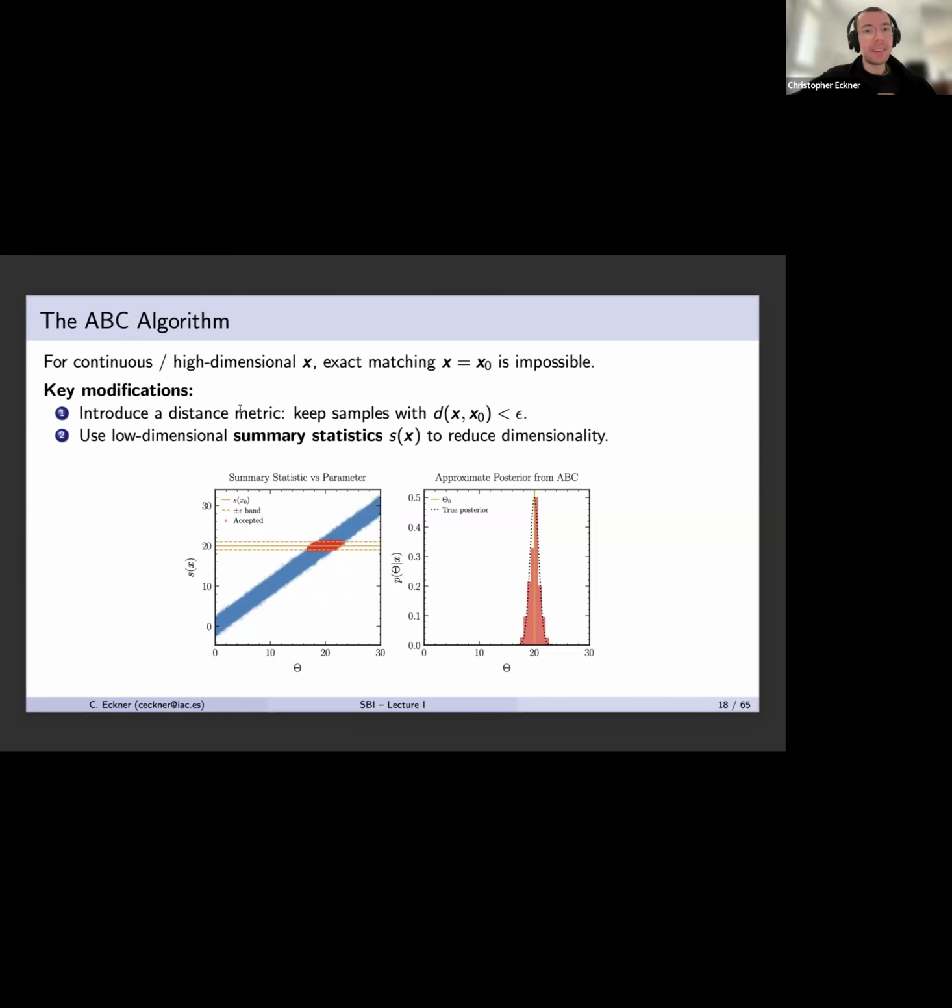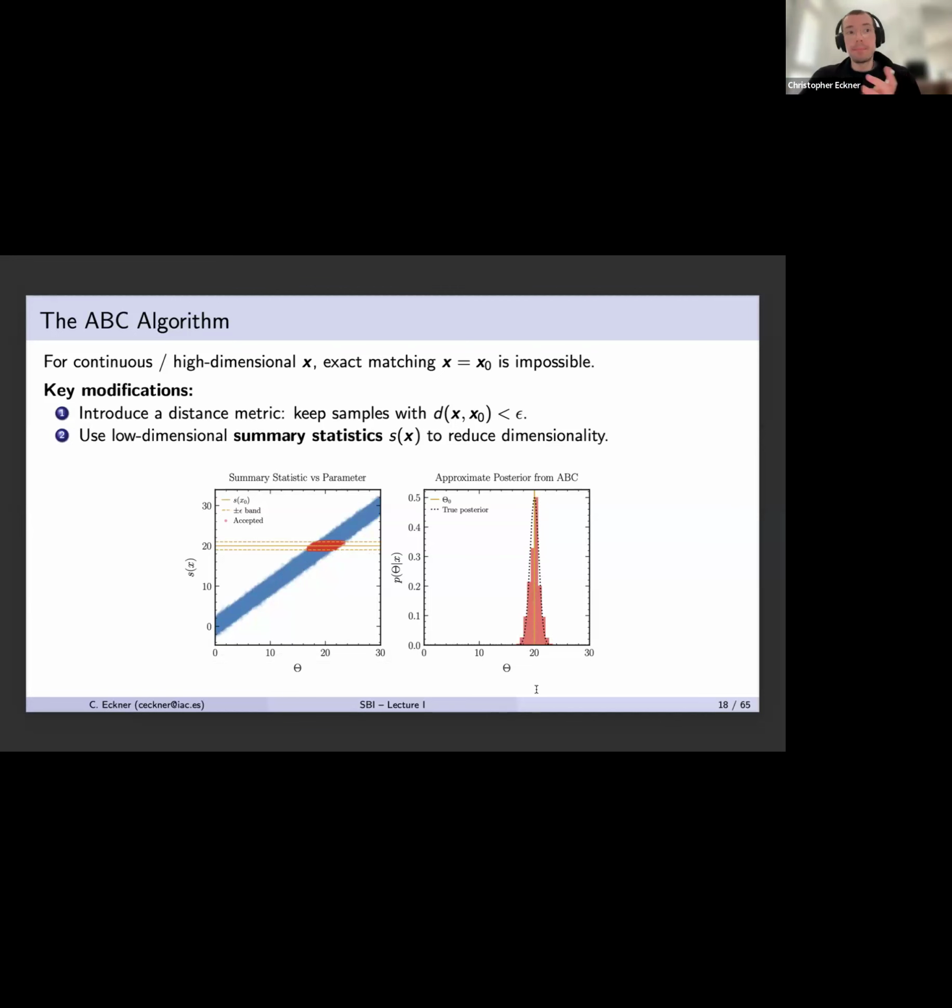So you define a distance metric in this space, and you keep all samples that are within a certain epsilon around your target observation, in this particular region. Then you sum these points to form a one-dimensional distribution, which gives you this approximate posterior for the parameter. This is very simple to do.